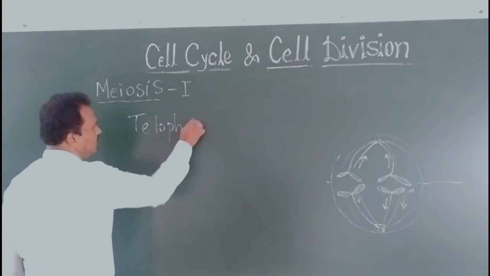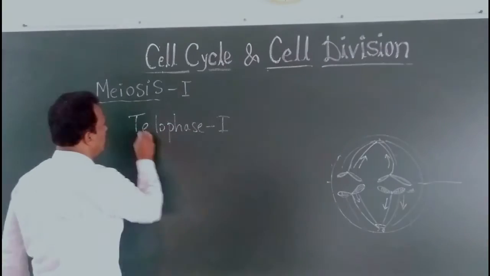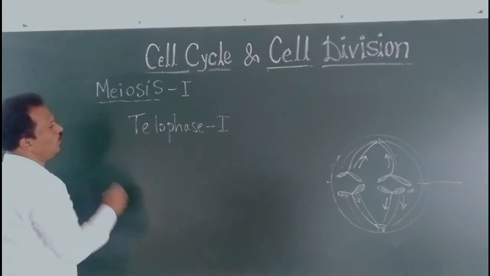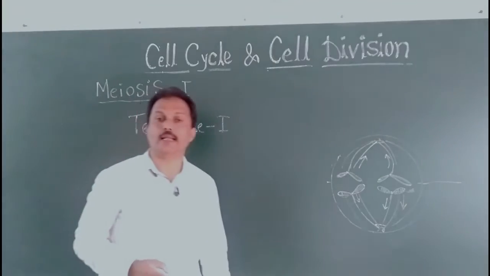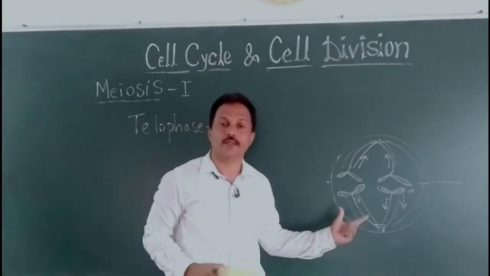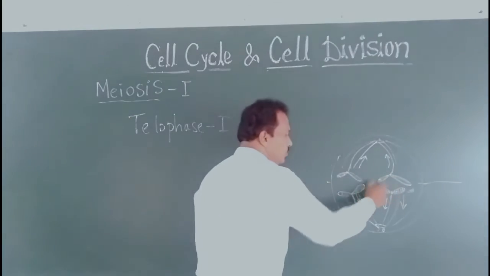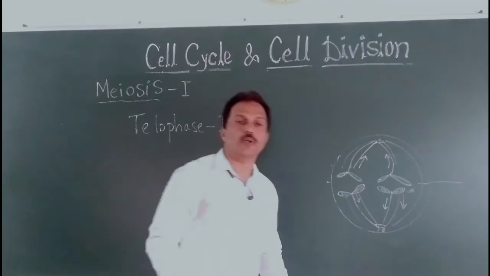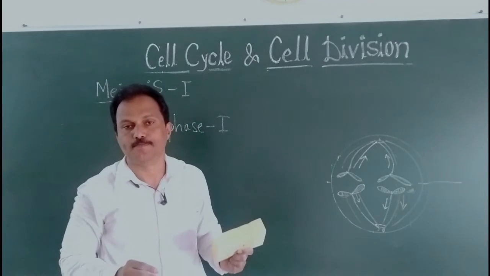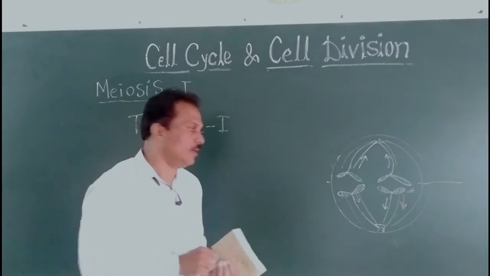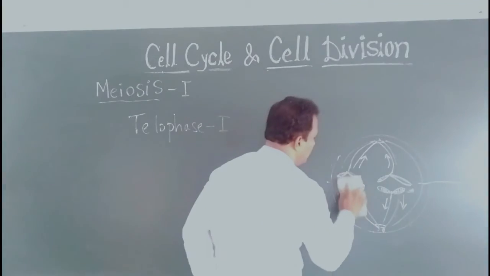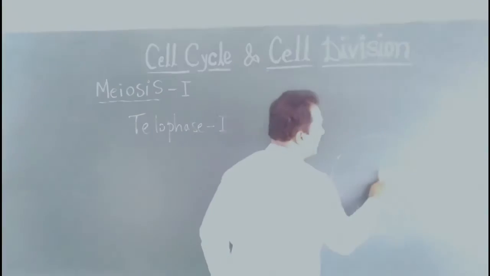The last phase of meiosis 1 after anaphase 1 is telophase 1. So what exactly is happening in telophase 1? These chromosomes reach the poles. That is one thing that is going to happen.